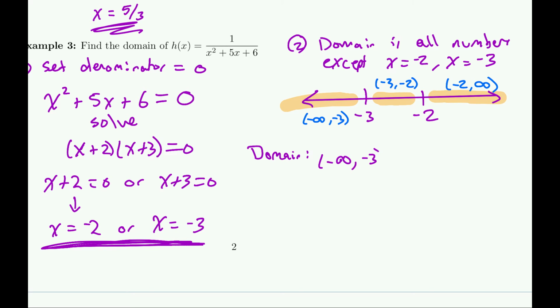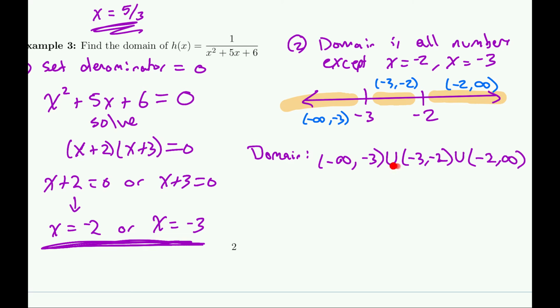-infinity up to -3, parentheses to leave out the -3. -3 up to -2, parentheses on both sides to leave out both of them. And then -2 up to infinity, to leave out the -2.